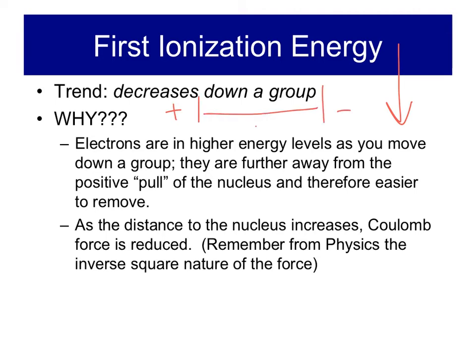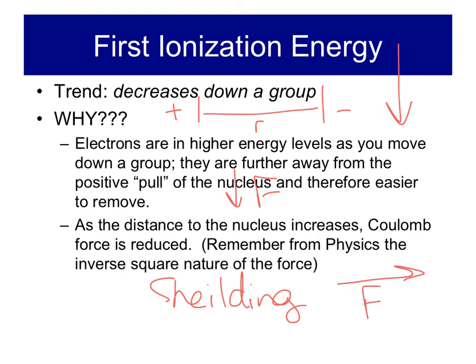So the distance, or the R value in Coulomb's law, is going to increase, which is basically going to decrease the force of attraction. Additionally, you are going to have more shielding because you will have more and more core electrons. So as you have more and more shielding, you're going to get more and more force of repulsion. So you get increased repulsion, but decreased attraction. Both of these things are going to make it easier to steal the electron.